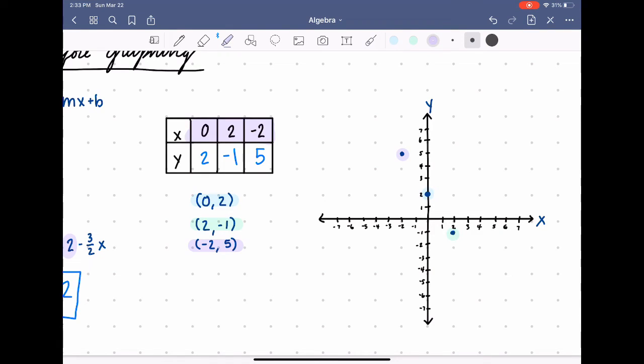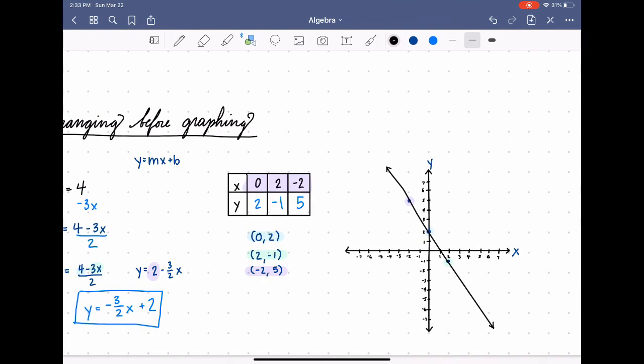Beautiful. So we have a nice decreasing line. It's sloping downwards. And my line, I'm going to try to make it as straight as possible. It goes like that. And it goes on forever and ever and ever. Perfect. So that is how you would graph that.